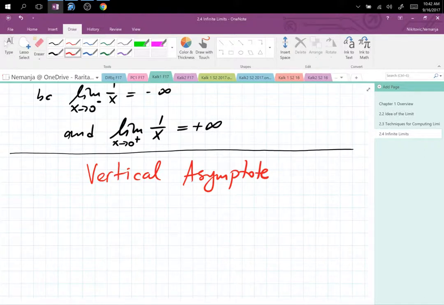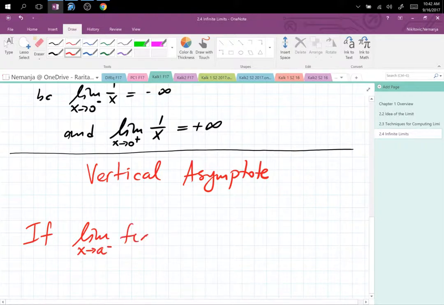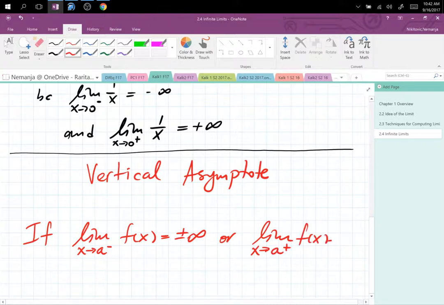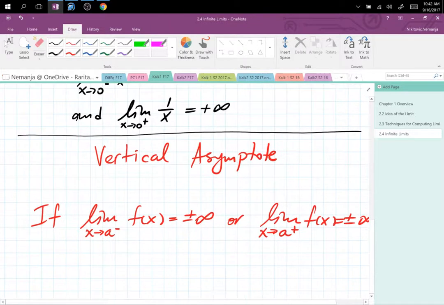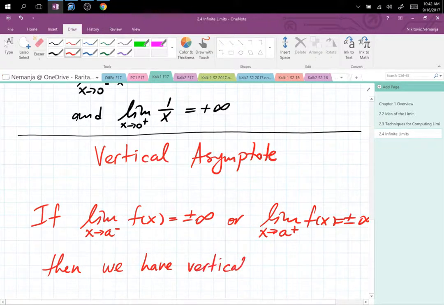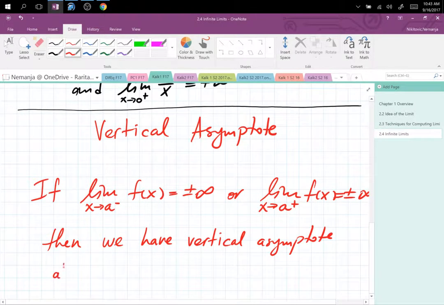And we'll see how it differs from the pre-calc material you learned so far. So if the limit as x approaches a from the left of f of x is equal to plus or minus infinity, or the limit as x approaches a from the right of f of x is equal to plus or minus infinity, then we have a vertical asymptote at x equals a.